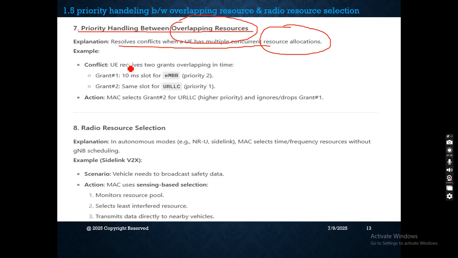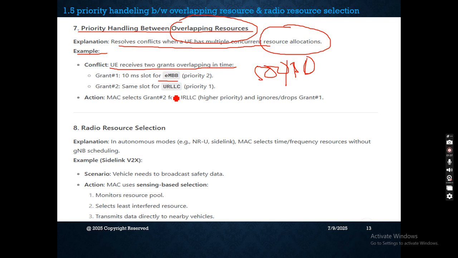Let's try to understand with an example. The UE receives two grants overlapping in time, at the same time. Let's assume your SFN is 500 and the slot could be 10, so 500/10. Here a grant is allocated for eMBB services.